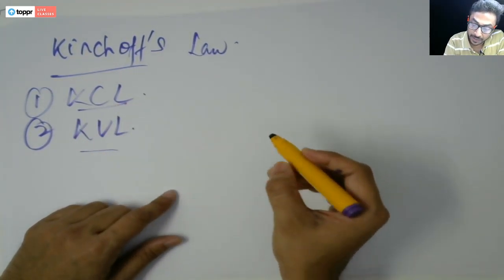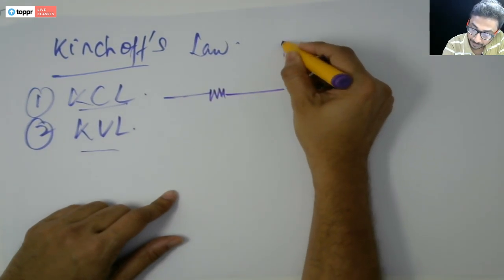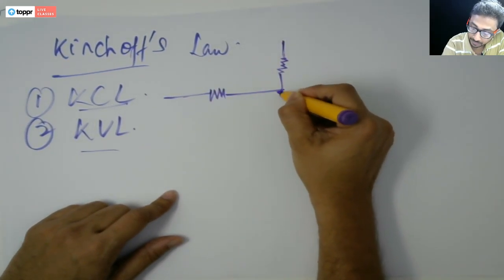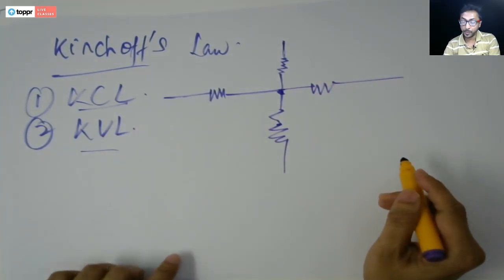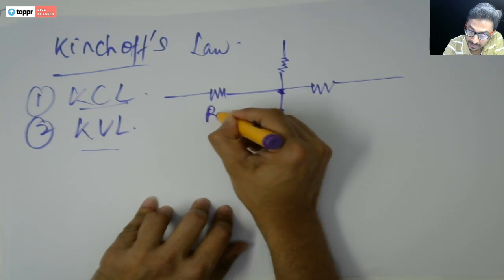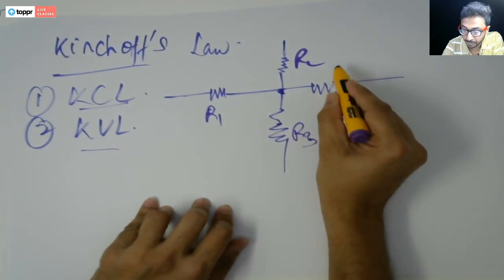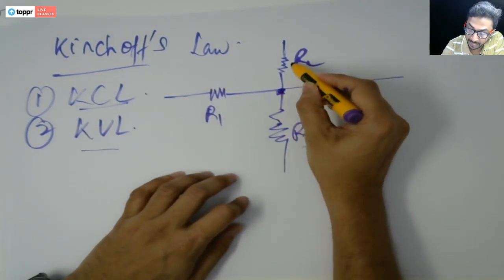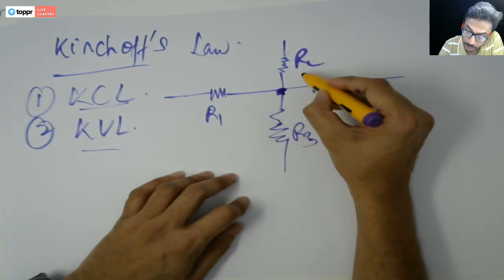Kirchhoff's Current Law says that when there are a number of resistances placed like this, and a number of paths joined to one node, this is called one node.